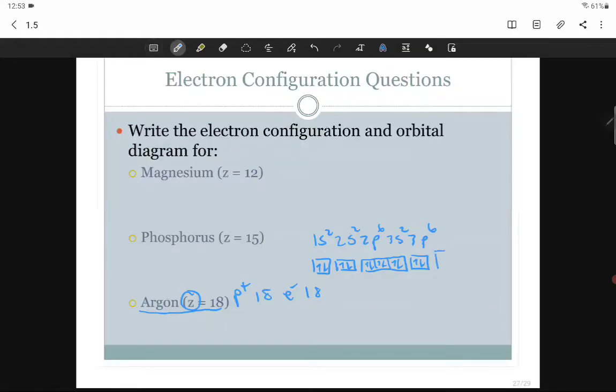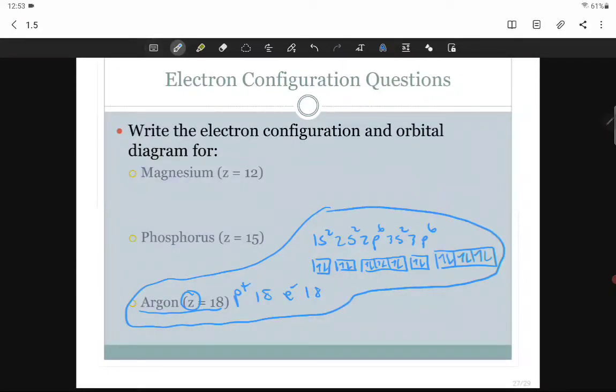And then lastly, 3p, 1, 2, 3, 4, 5, 6. And that would be, again, argon. But you could do these other two just as easily, just that magnesium only has 12 and phosphorus only has 15.